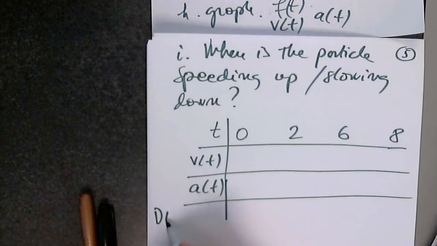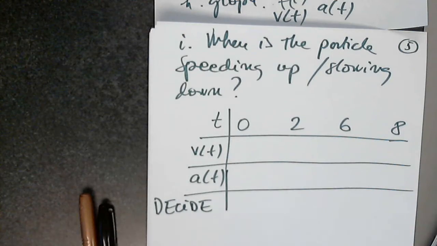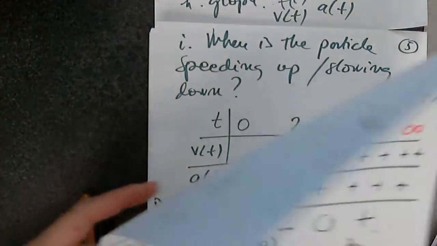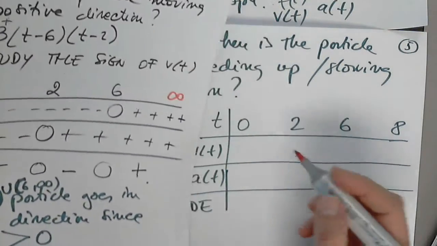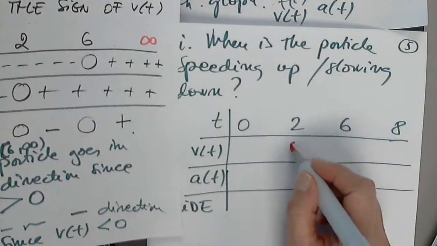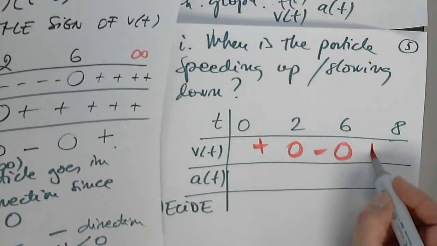Here I'm going to say decide if it's slowing down or speeding up. I only studied the sign for v. So this is 0 and this is 0. It's positive, negative, positive. Positive, negative, positive.